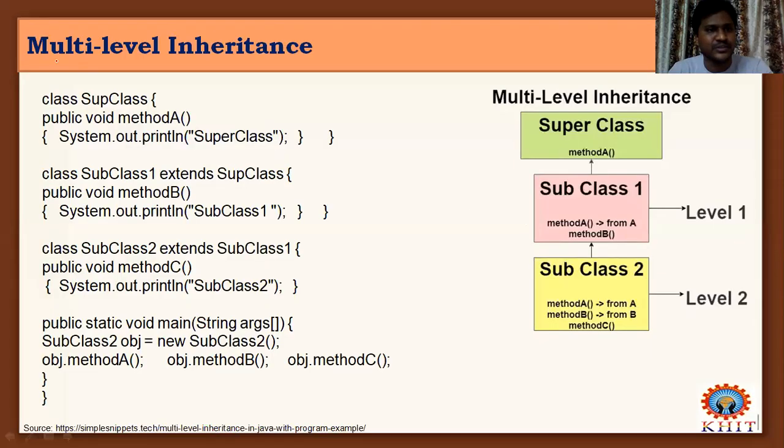Next one, coming to multi-level inheritance. In this multi-level inheritance, first see this diagrammatic approach. There is a superclass having method A, and one subclass extends the properties of this superclass, accessing method A of class A and having local method B in subclass 1.